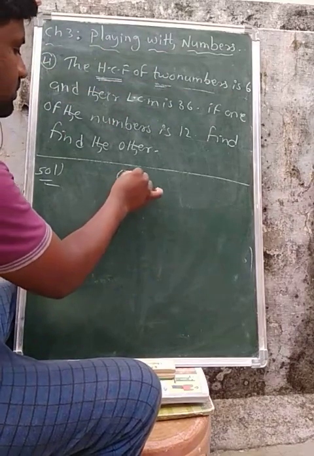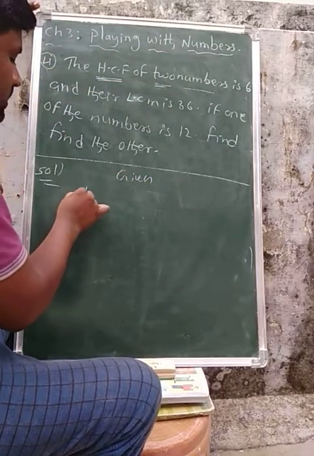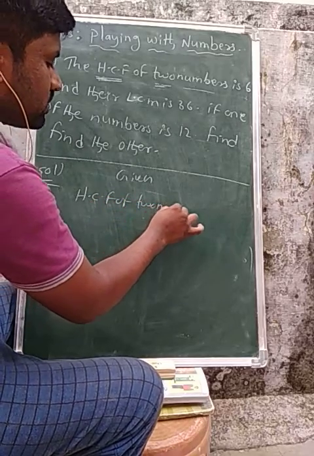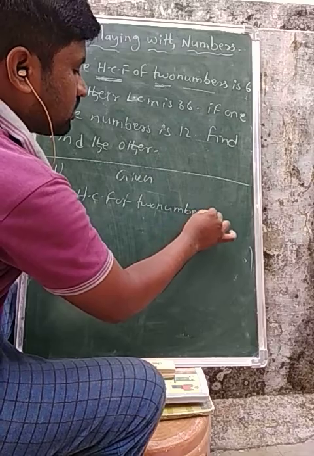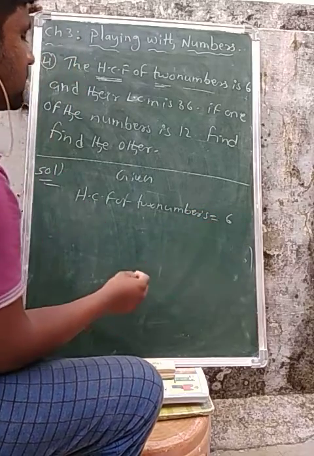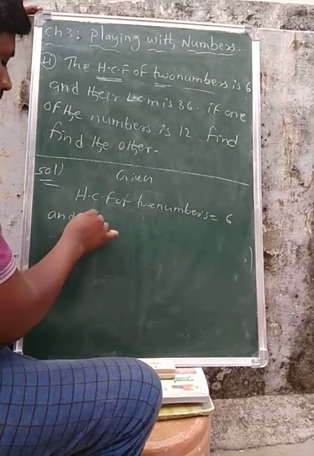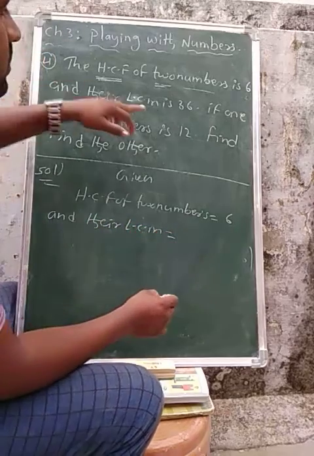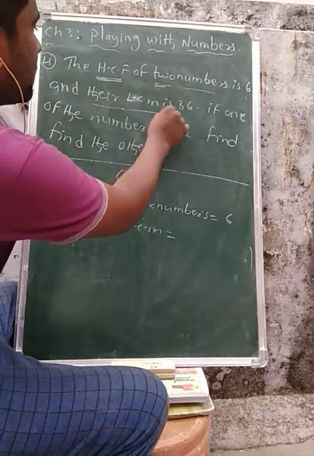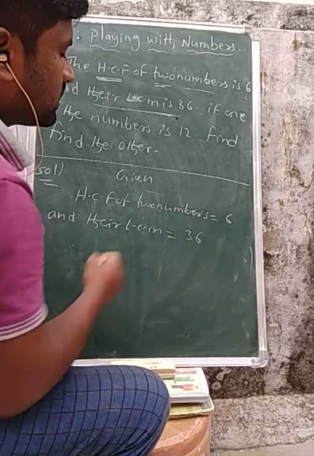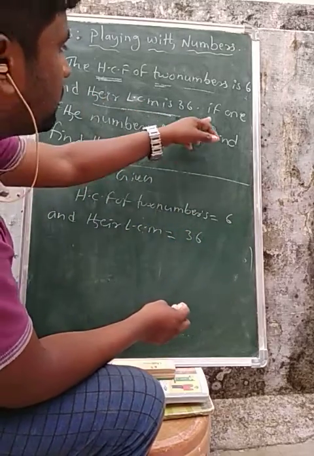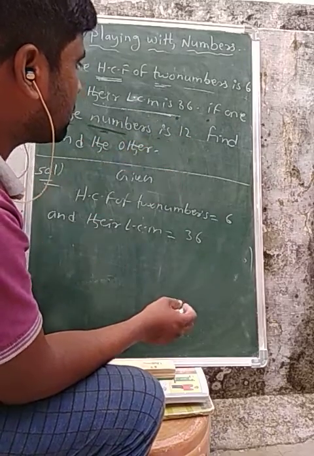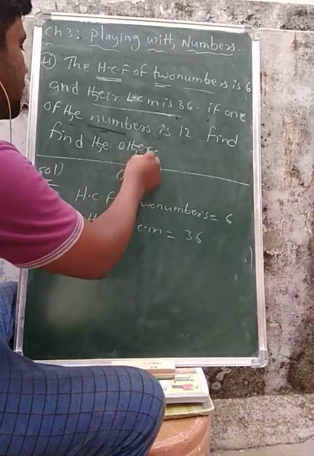The given data: the HCF of 2 numbers is equal to 6, and their LCM is given as 36. And if one of the numbers is 12, find the other.